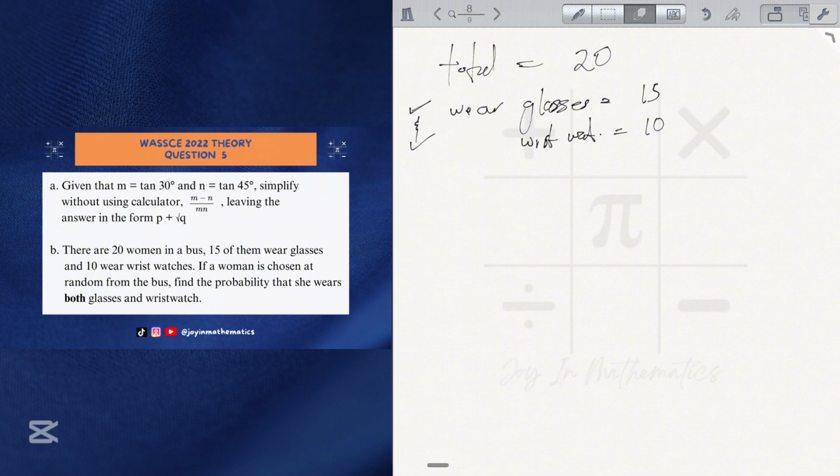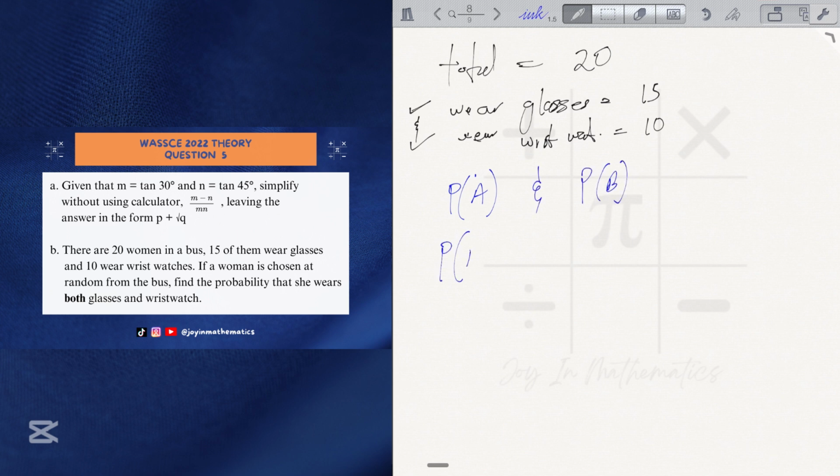How do we do this? The probability of wearing glasses is an event on its own, and the probability of wearing a wristwatch is also an event on its own. So to do this, we recall the laws of probability. We have the probability of an event, P(A), and the probability of another event, P(B).